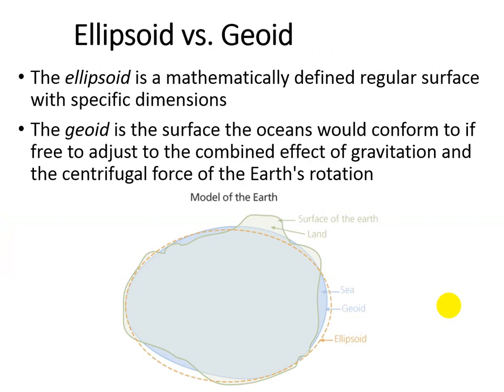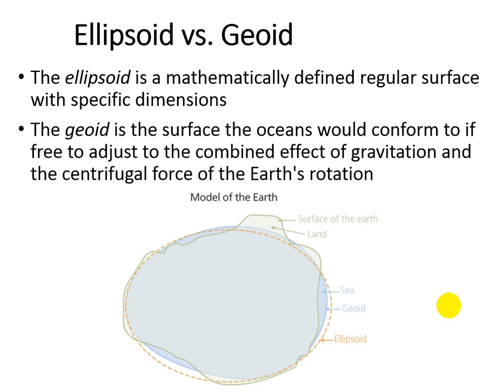The ellipsoid is this mathematically defined regular surface. The geoid is the surface the oceans would conform to if free to adjust to the combined effect of gravitation and the centrifugal force of the Earth's rotation.